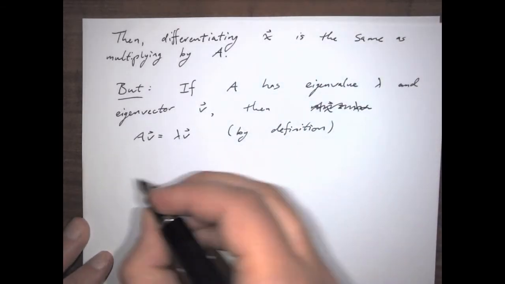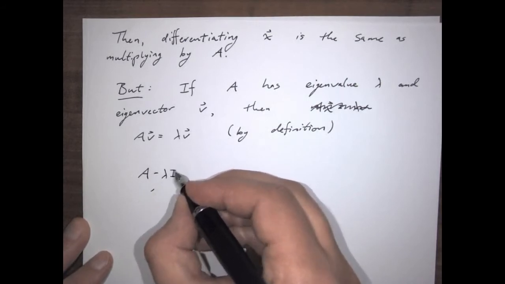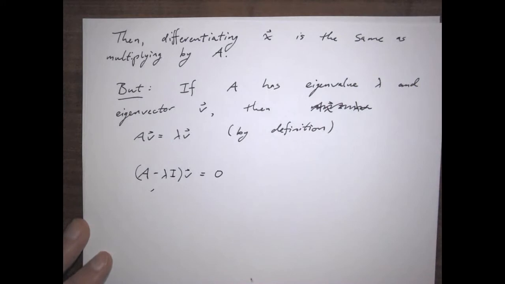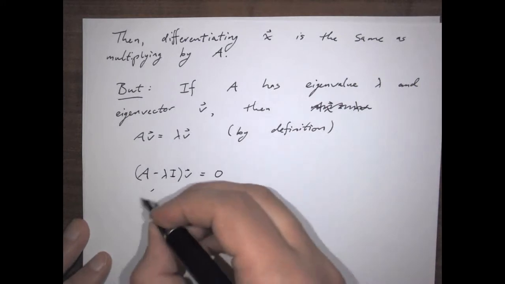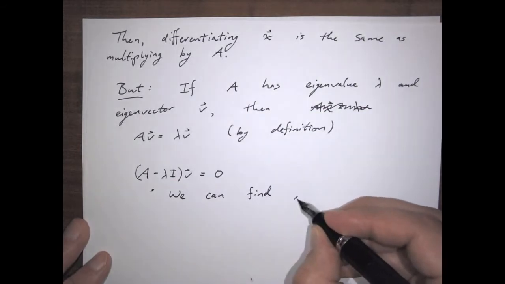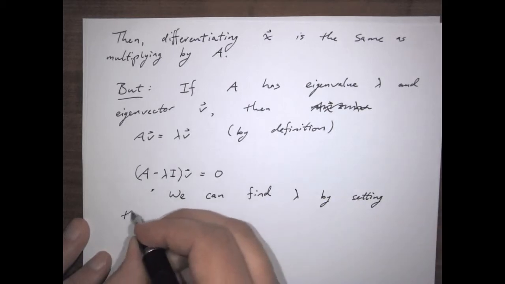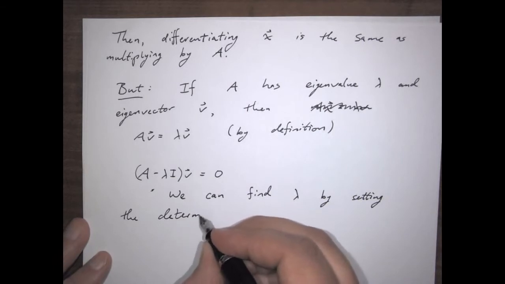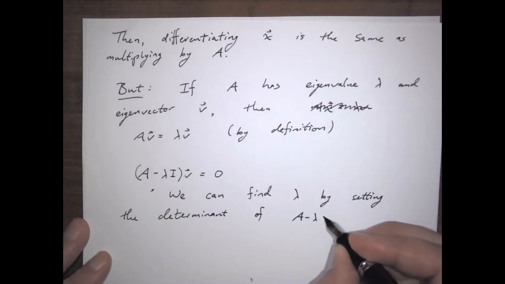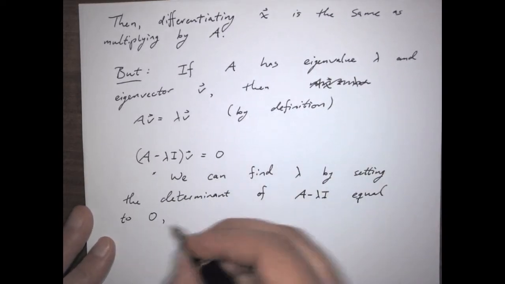So what this means then is that A minus lambda I times v is the same as just 0, which means that we can find lambda by setting the determinant of A minus lambda I equal to 0, and solving.